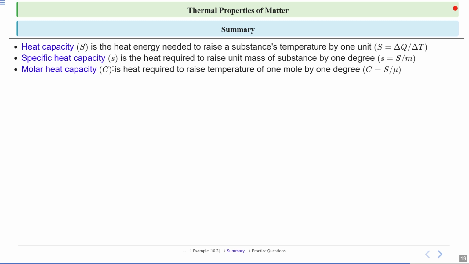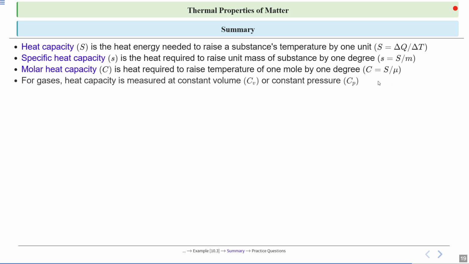Molar heat capacity, capital C, is the heat required to raise the temperature of 1 mole by 1 degree Celsius. C is equal to S by mu. All right. For gases, heat capacity is measured at constant volume Cv and constant pressure Cp.